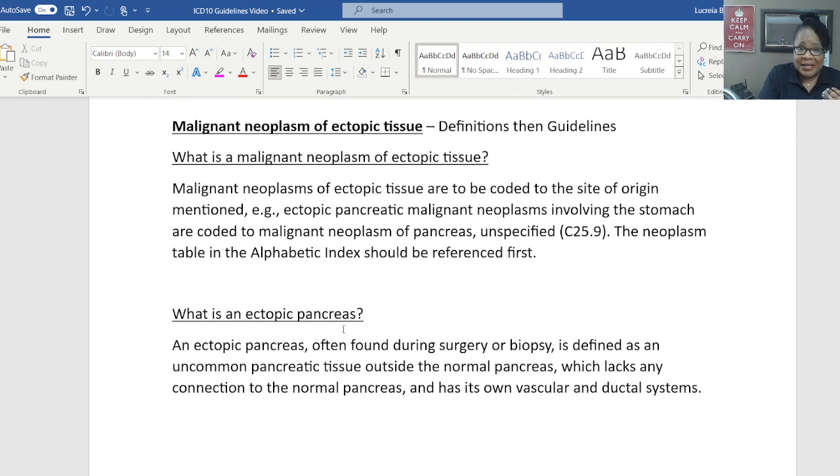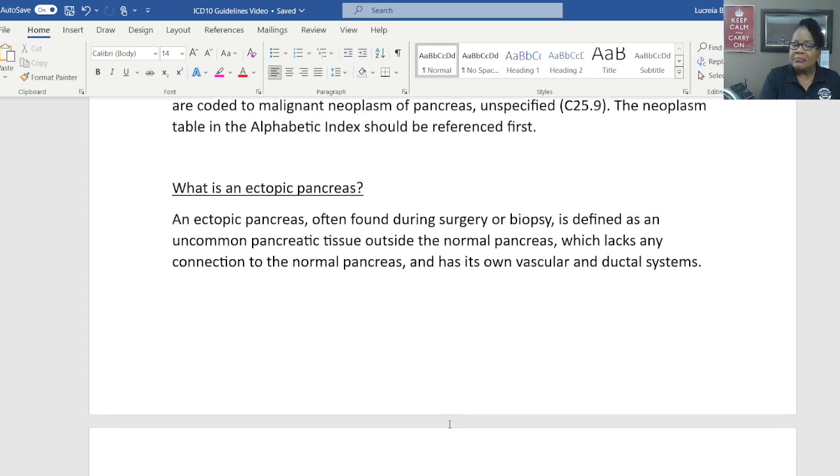I've heard of an ectopic pregnancy, but an ectopic pancreas? It says an ectopic pancreas, often found during surgery or biopsy, is defined as an uncommon pancreatic tissue outside the normal pancreas, which lacks any connection to the normal pancreas and has its own vascular and ductal system.